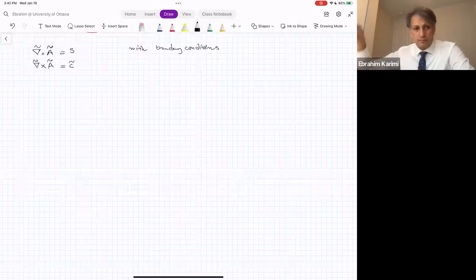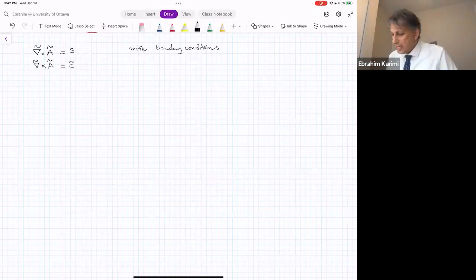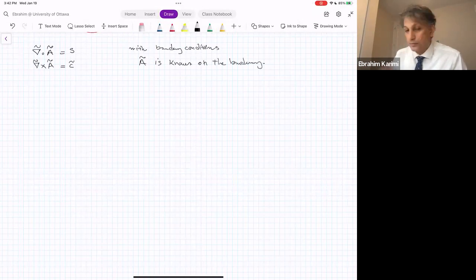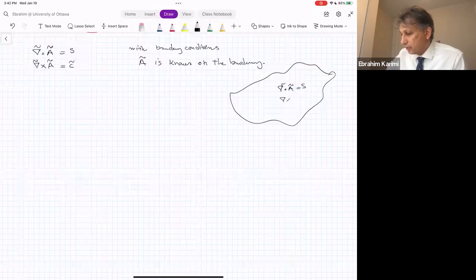So these two are known, and also A is known on the boundary. So the divergence and curl are known everywhere, and I also know what is going on with A on the surface of the boundary.